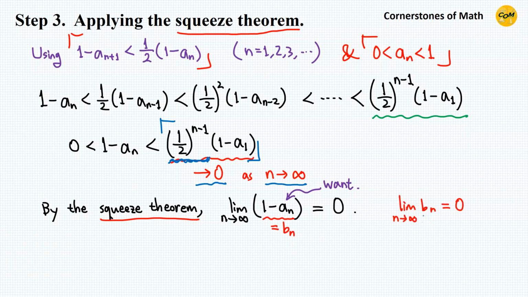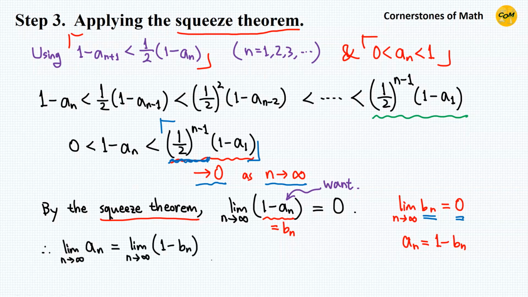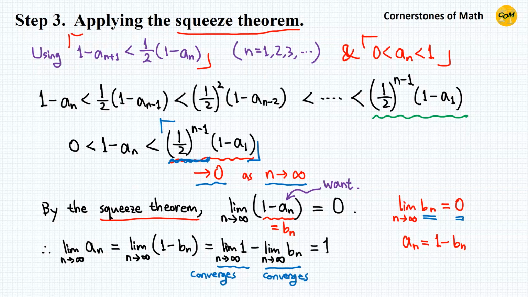Then we have the limit of b_n as n approaches infinity is 0. Also, we have a_n equals 1 minus b_n. Therefore, the limit of a_n is the limit of 1 minus b_n, and we can split the limit like this because we know that both limits converge. So we have 1 minus 0, which gives 1.